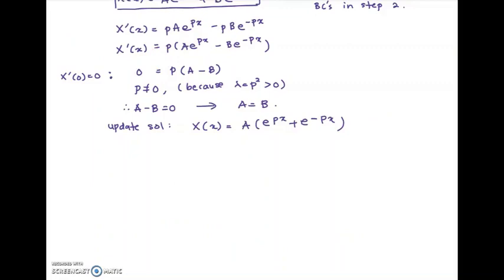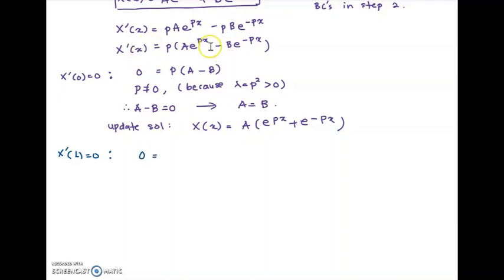Now by the second boundary condition, we have X prime of L equal to 0. From the current solution that we have, X prime is 0, so at the left you have 0.